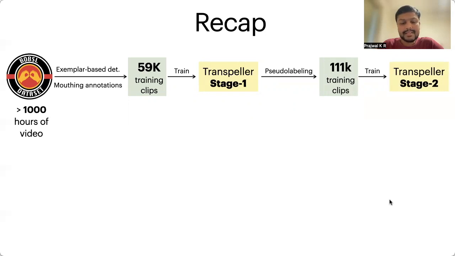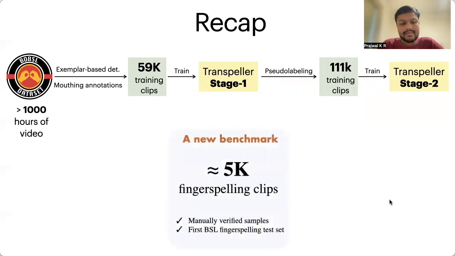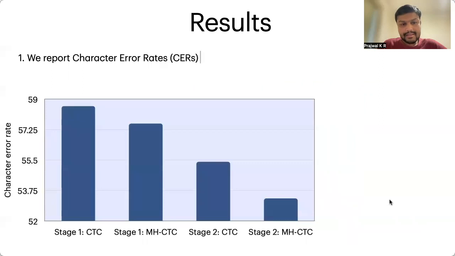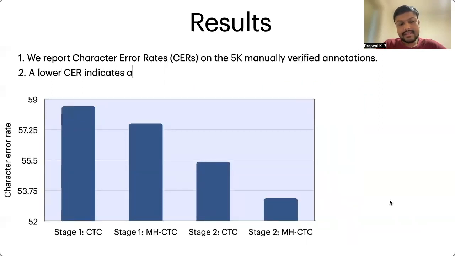But for benchmarking the performance of a model, we manually annotate 5K fingerspelling clips from the Bob Russell test set. We report character error rates on the manually verified test set. So here, a low character rate indicates a better performance.